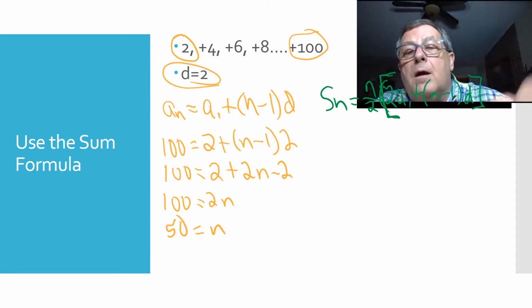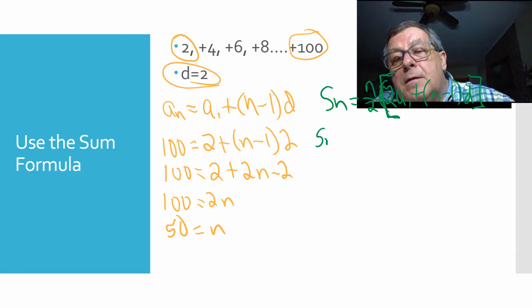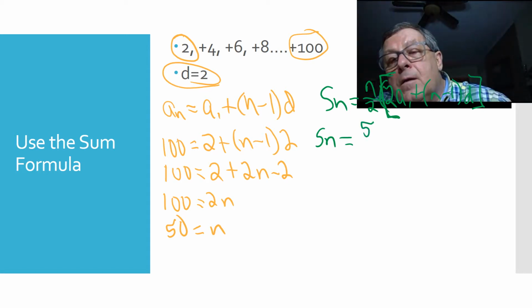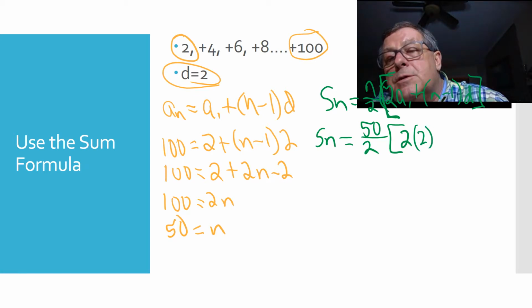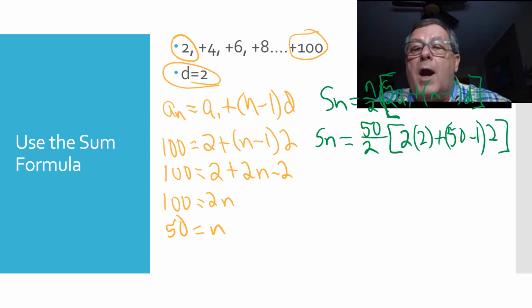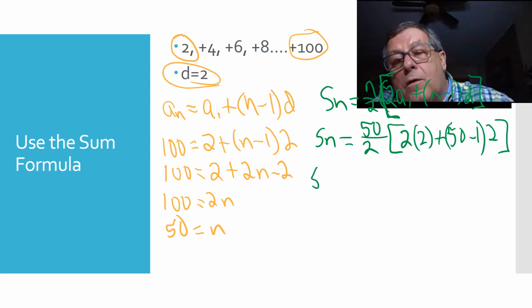Let's plug in what we know. So we got Sn equals n, which is 50, over 2, bracket, 2 times a1 in our series, which is 2, 2 times 2, plus n minus 1, so 50 minus 1, times our common difference, which is 2. Let's close our bracket. And of course, order of operations, we're going to work inside the bracket and the parentheses.